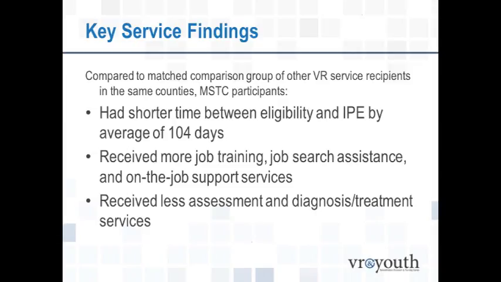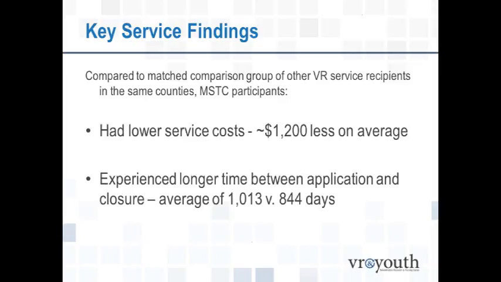If you go to the next slide, this has lots of implications for vocational rehabilitation policy and implementation in the post-WIOA world, because compared to the non-MSTC students, MSTC participants had lower service costs. In fact, an average of $1,200 less money was spent on MSTC students than was spent on non-MSTC students.